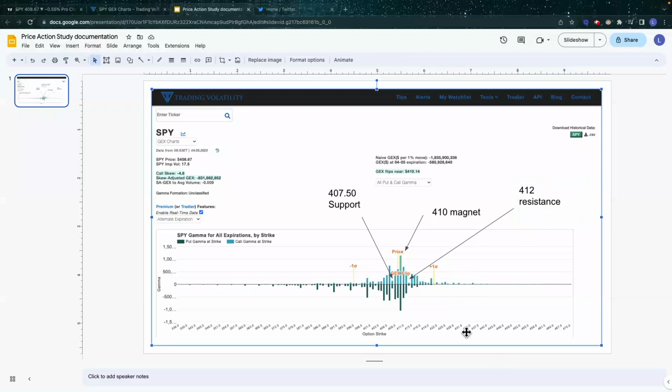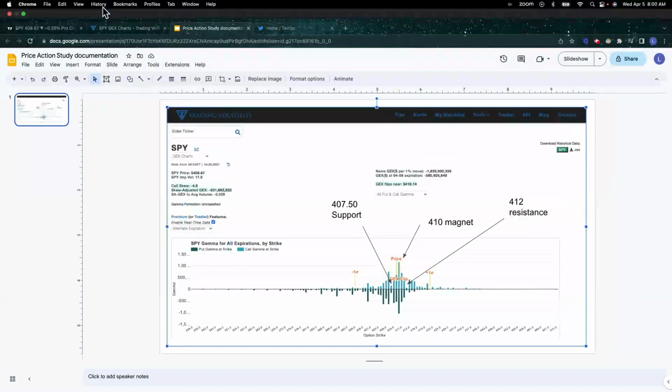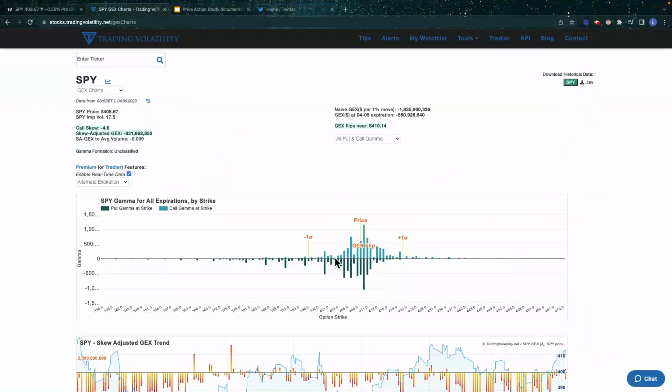Even if we do go and touch 412, you notice that there's not much interest or much gamma exposure beyond 412. But look, if we look at the gamma exposure under 407.50, it's huge. So that means that this area right here can actually be a magnet pulling the market down. So if we get in under this 407.50, let's take a look at what our support is looking for today: 402.50.